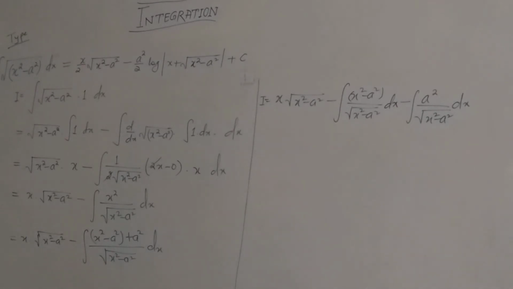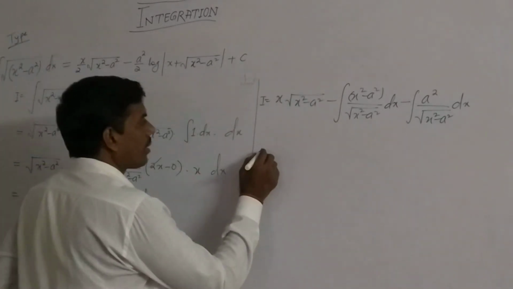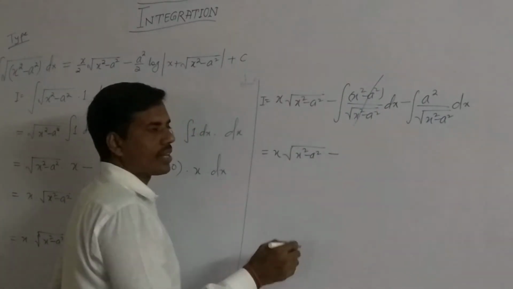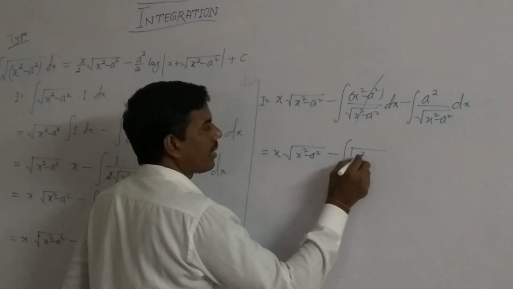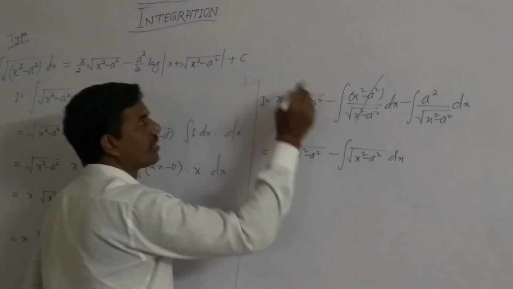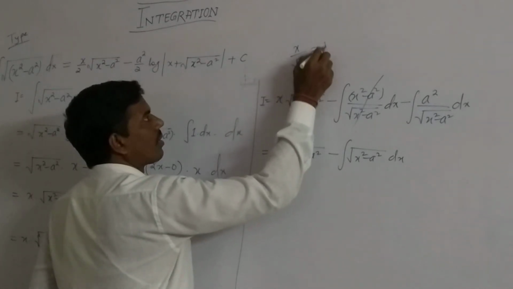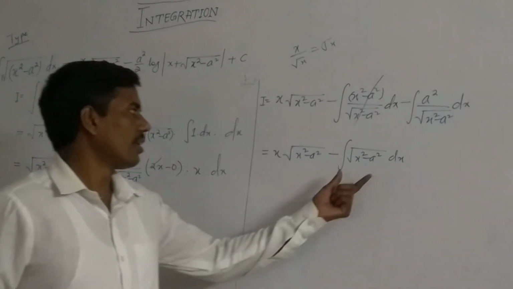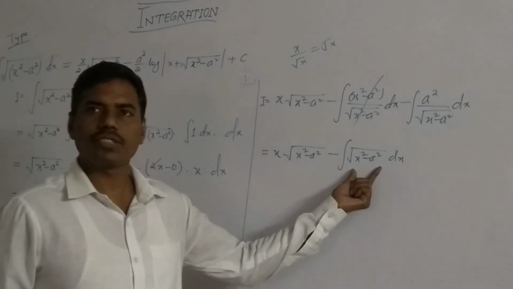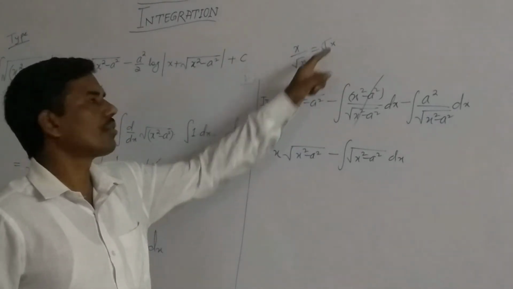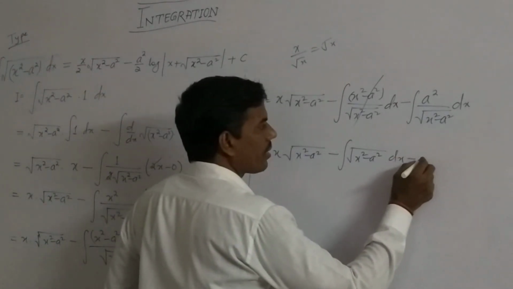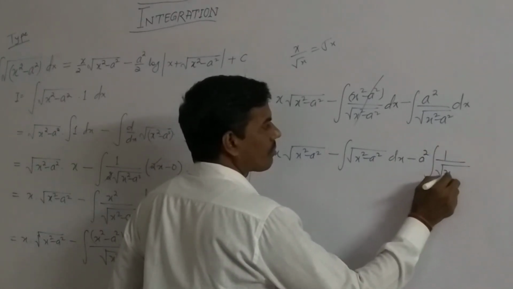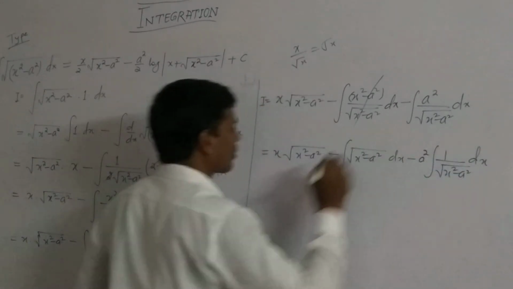Okay, so this is equal to x into under root of x square minus a square minus, this one is cancelled out, we have under root of x square minus a square dx. Since x square minus a square upon root of x square minus a square is under root of x square minus a square, minus a square into 1 upon under root of x square minus a square dx.